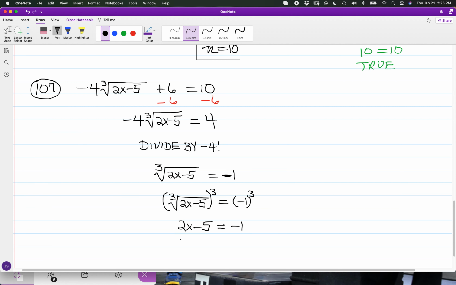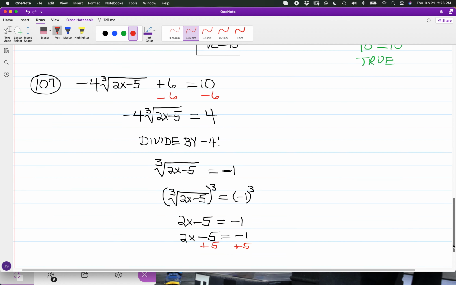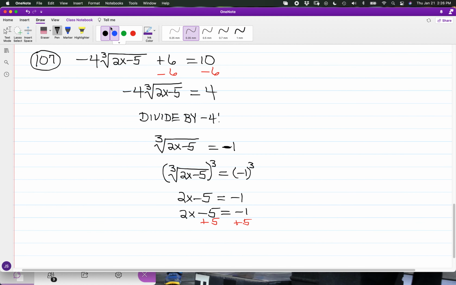And in the follow-through, I'm looking at solving for x. So I can isolate 2x upon adding 5 to both ends. So we're going to have 2x is equal to 4. And with division by 2, we have our solution at x is equal to 2.